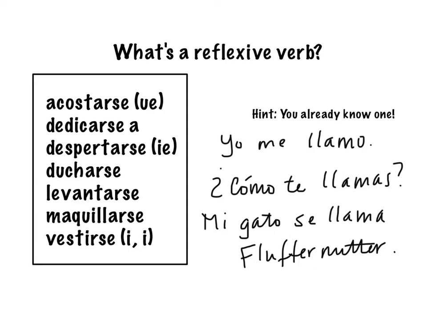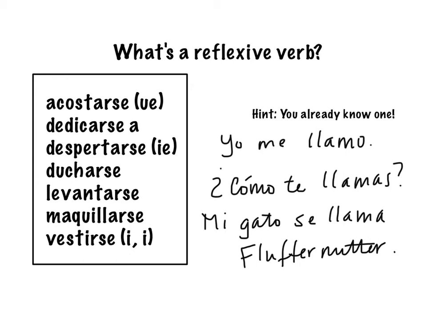I'd like to keep this list short for now, but you can see that we have AR verbs, we have IR verbs. They also come in ER verbs. Any kind of a verb can be reflexive. AR, ER, IR, stem changers, spelling changers, regular, irregular. You can also use them in any tense.